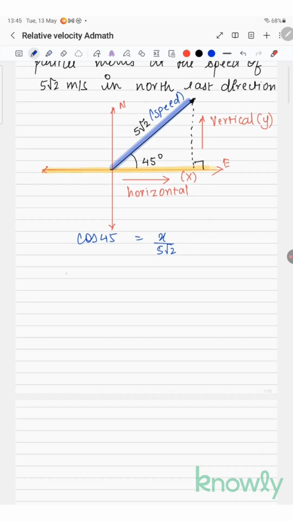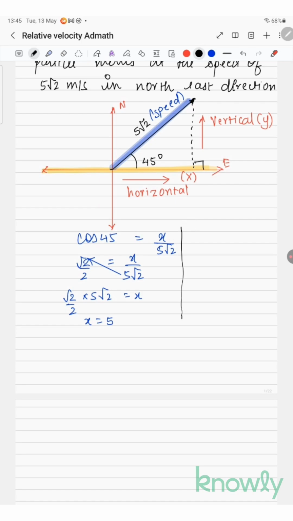So cos 45 is root 2 by 2, equal to x over 5 root 2. I'll multiply this over here, so this is root 2 by 2 into 5 root 2. So this is my x value, and x value is 5, right?